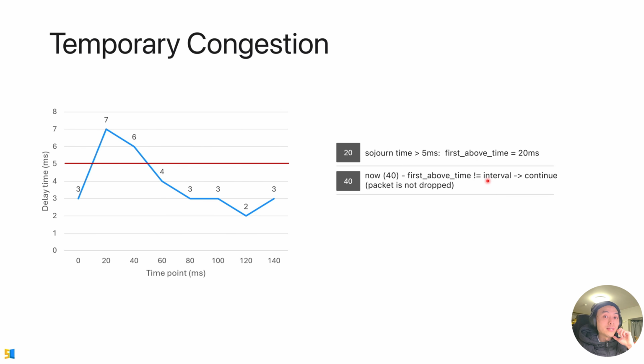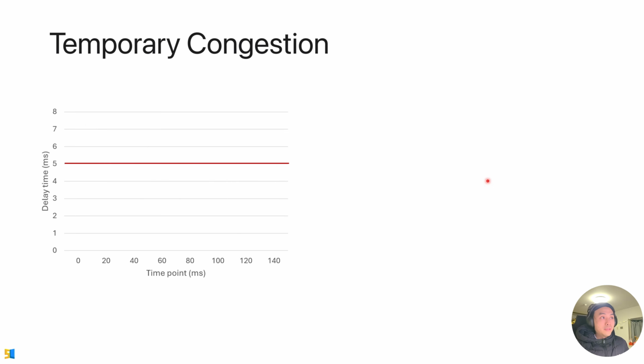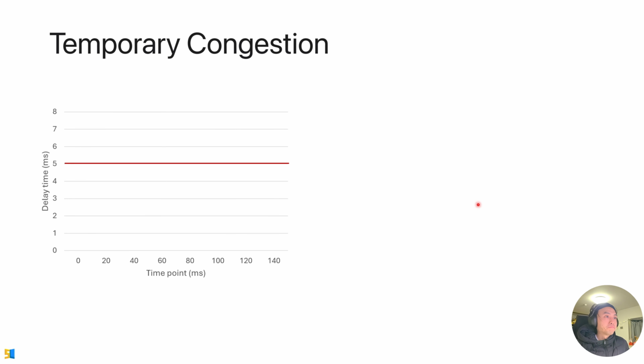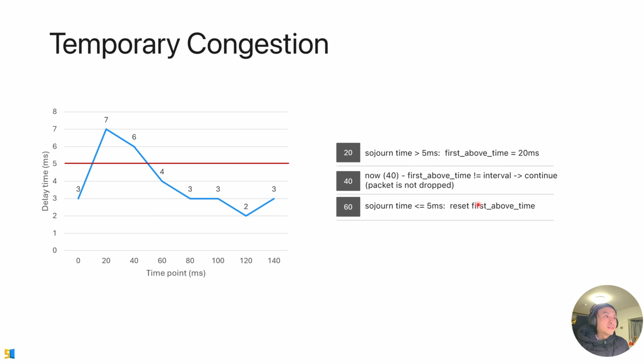The interval is 100 milliseconds, so it continues. The packet will not be dropped, because it will only drop or mark a packet if it's continuously above the target for 100 milliseconds. Now at 60, the sojourn time is already less than 5 milliseconds, so it will reset the first above time.